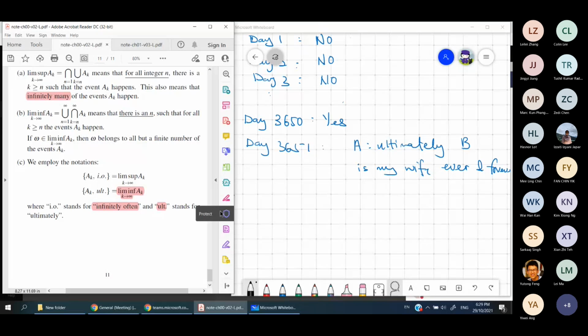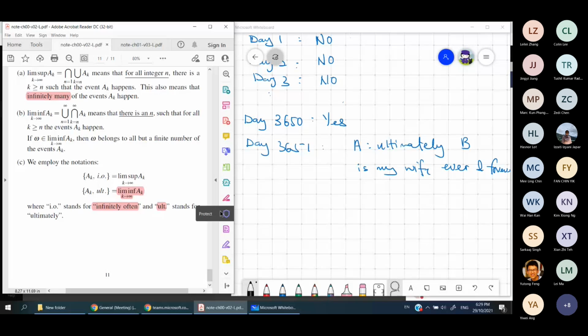If the game is fair and you assume, for example, that the capital of the gambler is infinite, then he will never be ruined. So it depends on how you design the game. If you just ask me like this, I can't answer you. If we assume finite capital and a non-fair game, then ultimately he will lose all the capital.